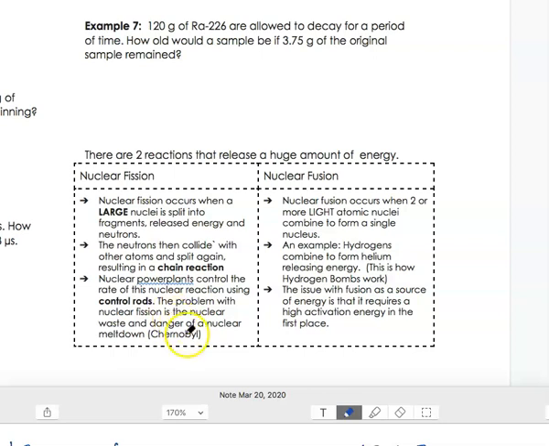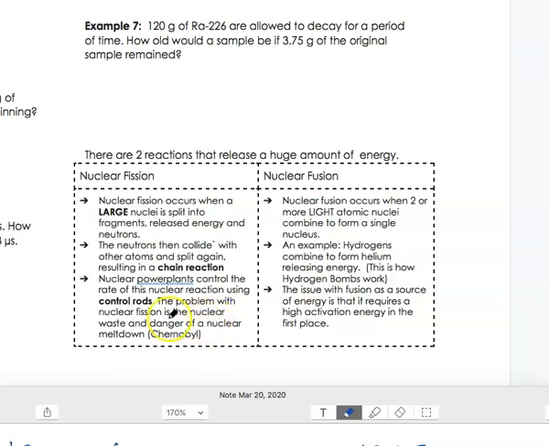And the issue with this is that it requires a lot of care, a lot of monitoring, because if you don't monitor the neutrons, then you could undergo a nuclear meltdown, just like it did happen in Chernobyl, Ukraine, where there was an explosion because people couldn't control the amount of neutrons that were present in a chain reaction.